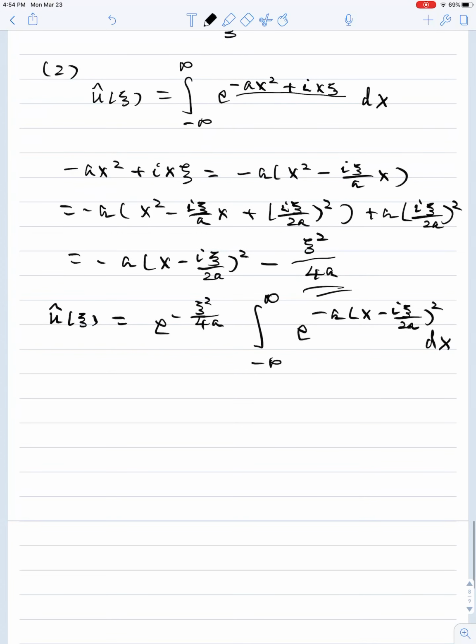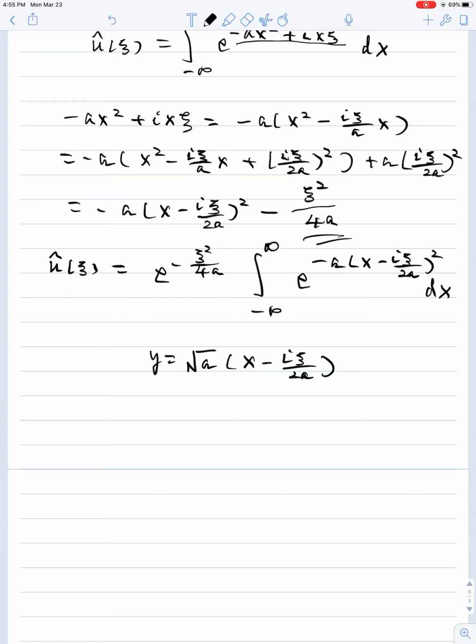Now here we use a substitution, y equals square root of a times x minus i xi over 2a.